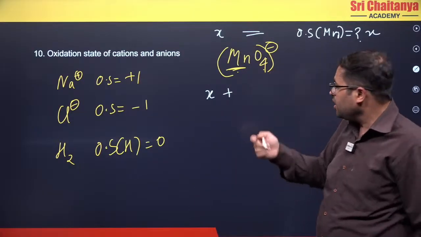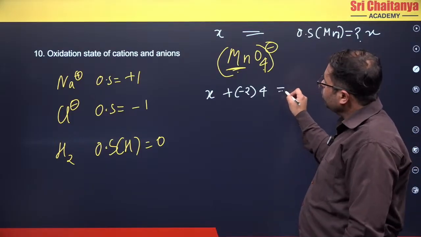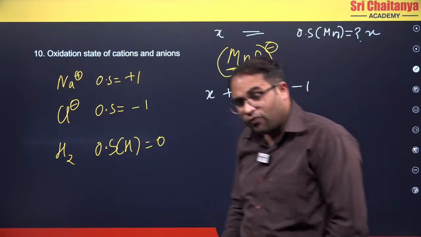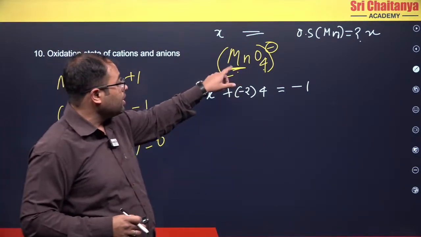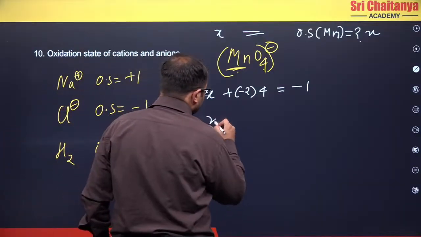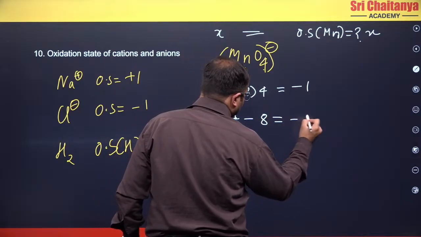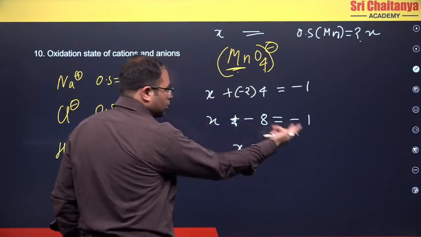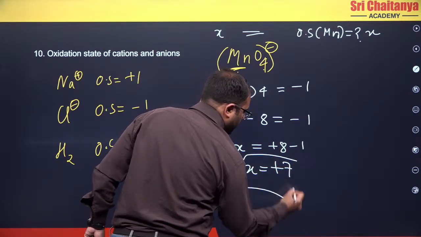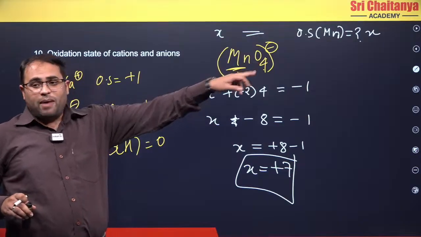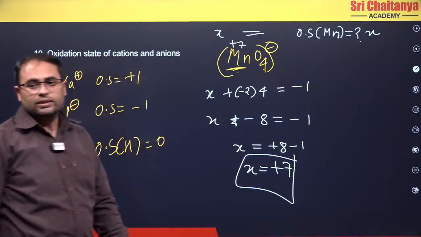So here 4 oxygens are there, so the charge will be -2 on each oxygen multiplied by 4. Now the total charge is -1. If you solve such an equation, you will get the oxidation number of manganese. This comes out to be X - 8 = -1. This -8 goes to that side, so X = -1 + 8 = +7. So the oxidation state of manganese here is +7. You can write it down like this on top of manganese.